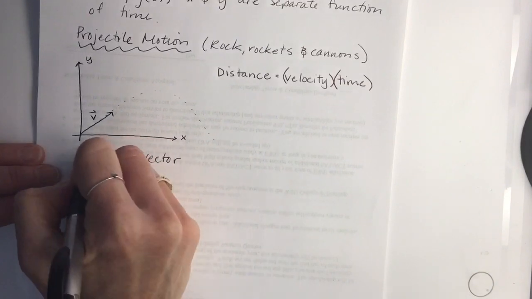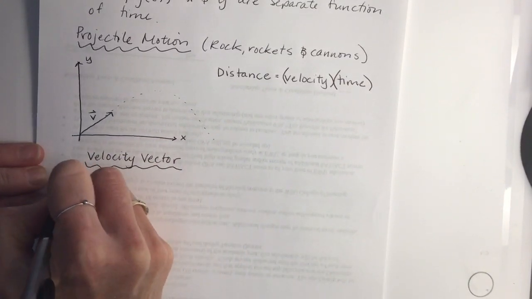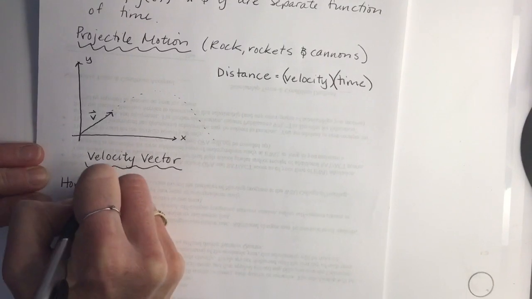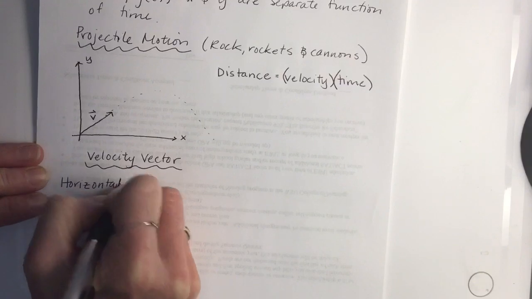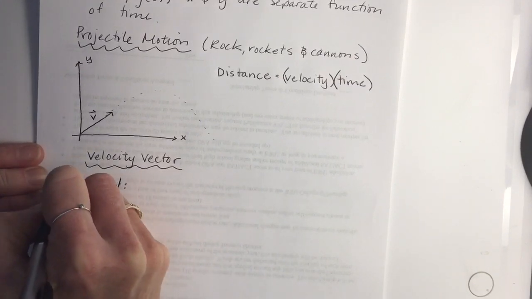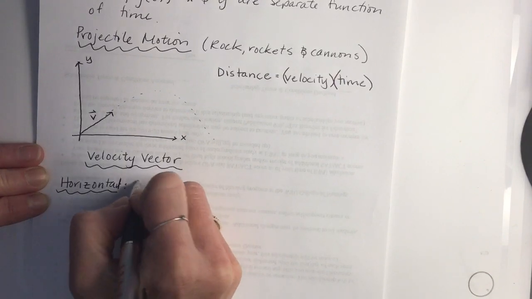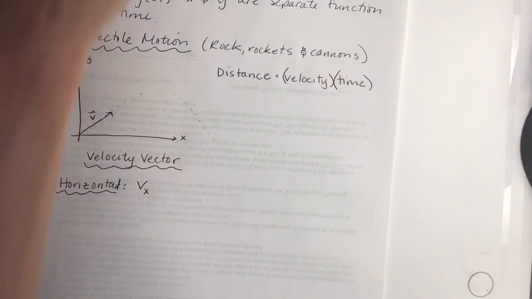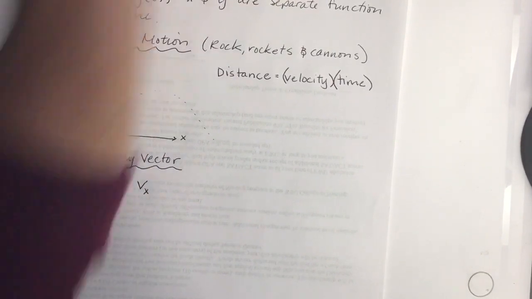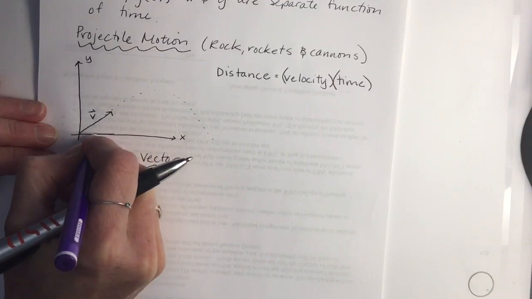Okay, so for the horizontal, right, so our horizontal vector is going to be v sub x, right? So now the horizontal, and I'm going to draw that. Let's draw that and see if our purple pen works pretty good here.